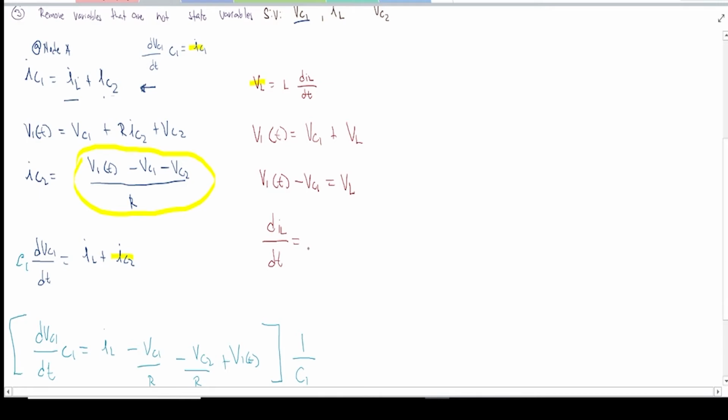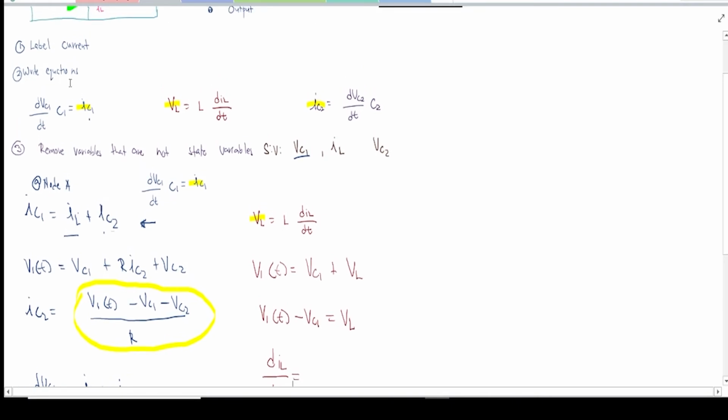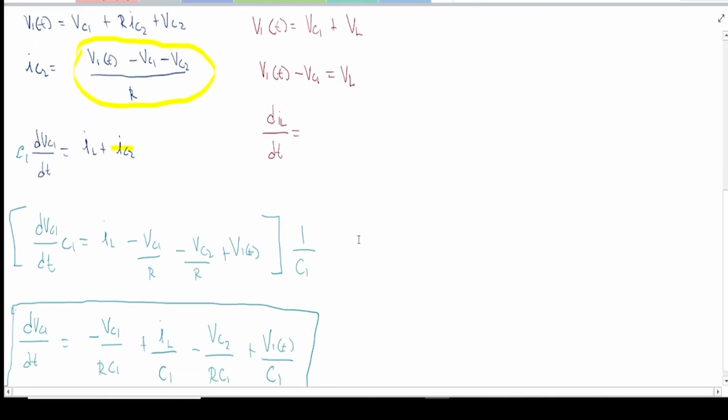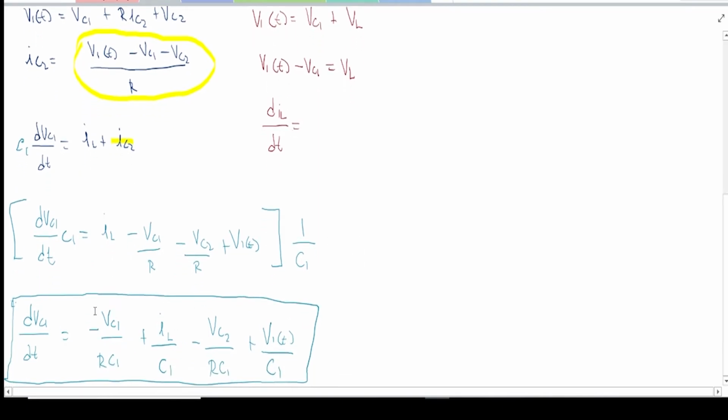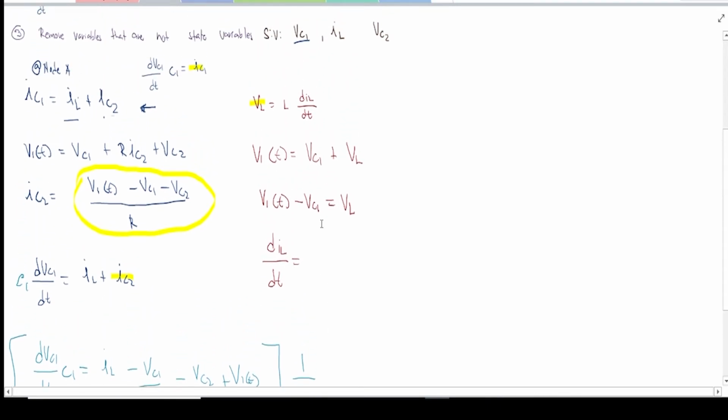Again, what I'm going to do is arrange it in order starting from VC1, IL, VC2, and then the input. Okay? Just like what we did here, because this is critical in order for us to have the state equation, because it is in matrix form.